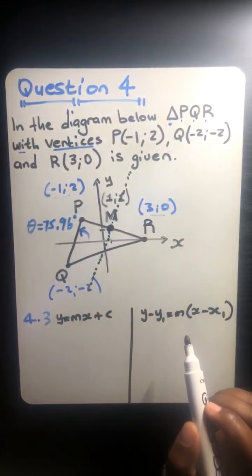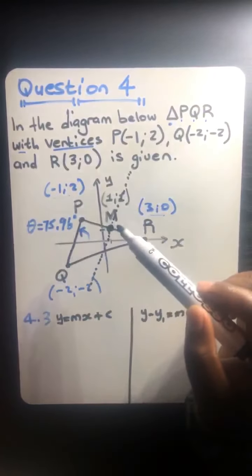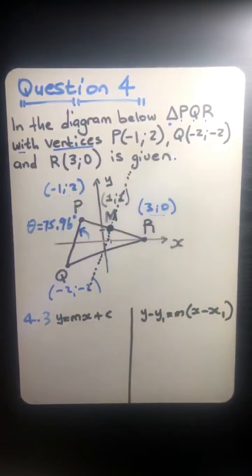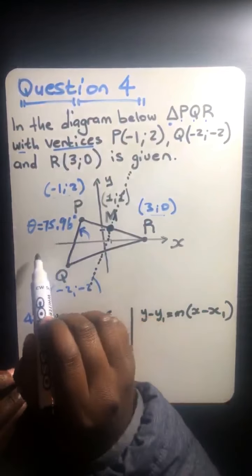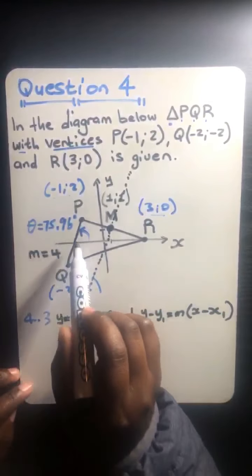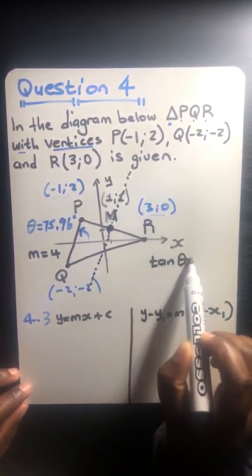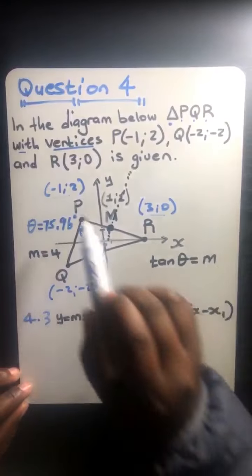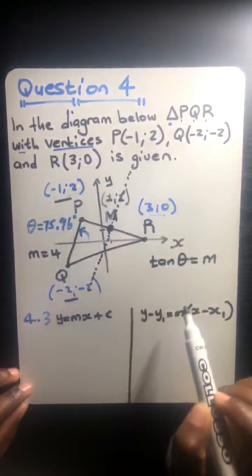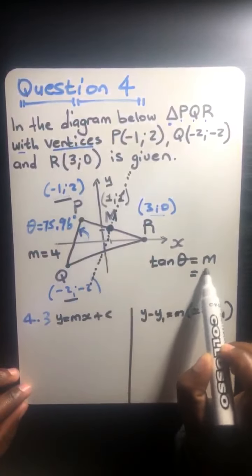Remember, guys, do we have the gradient of PQ? I think we do. If you remember, we did calculate it, and the gradient was 4. To get that angle, we used the formula tan angle equals the gradient, and we used these 2 points to calculate the gradient, which was 4.